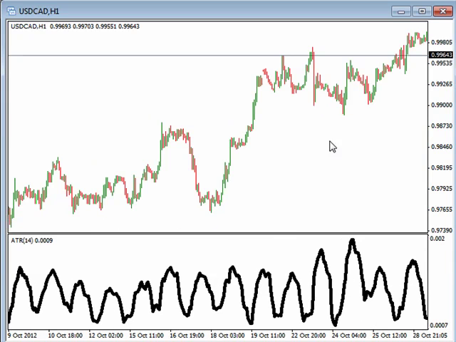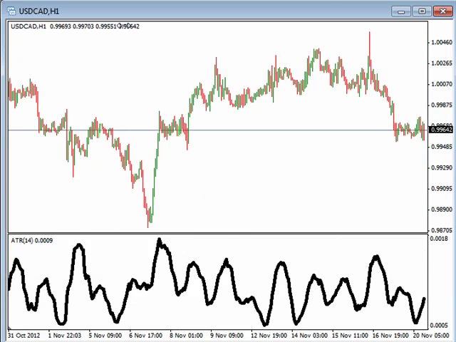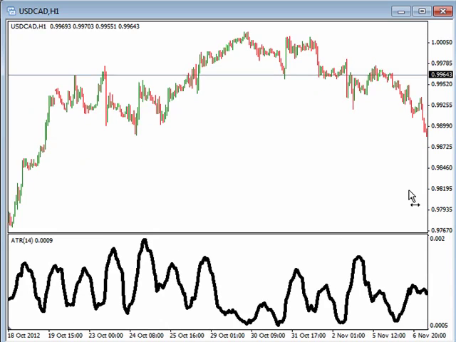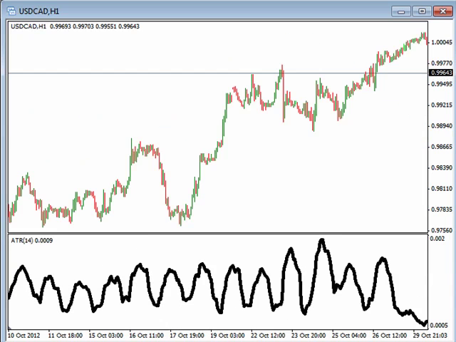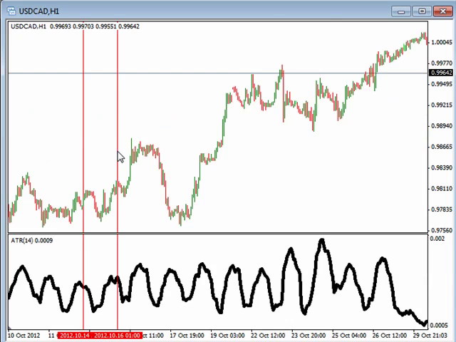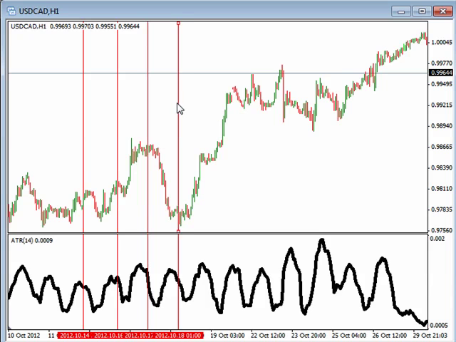So if we go back here and we look at this, we can see that there are certain times where this average true range begins to peak.